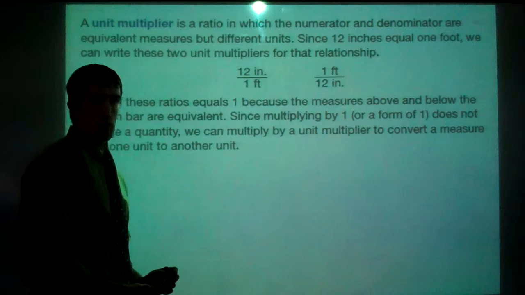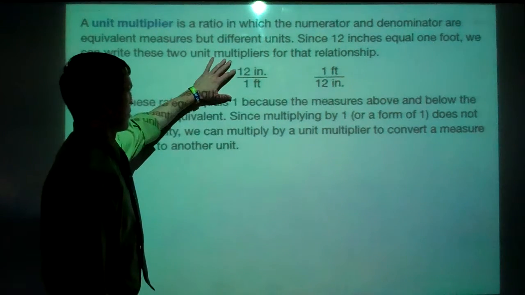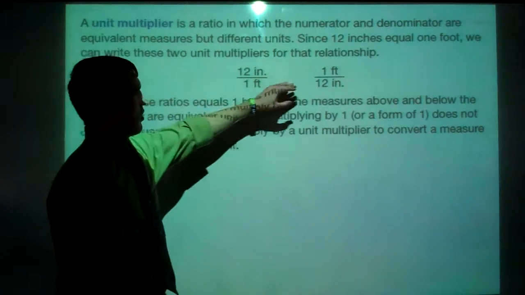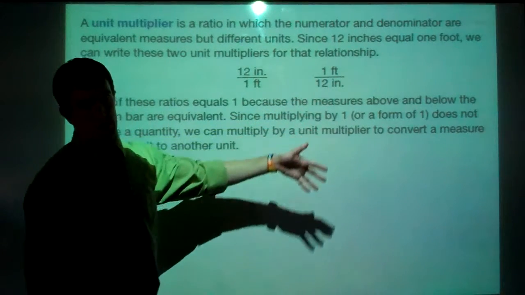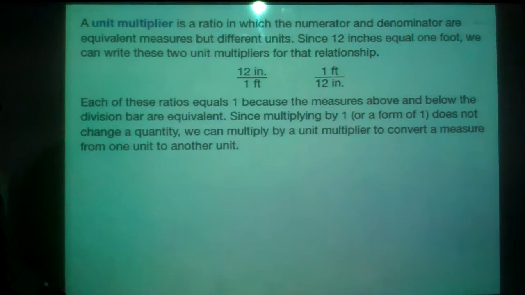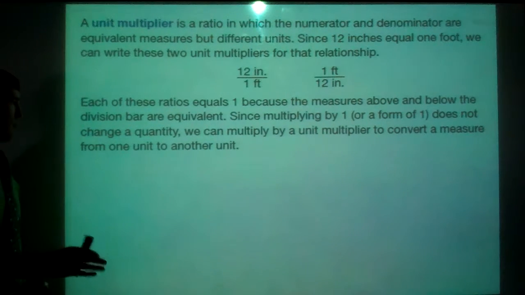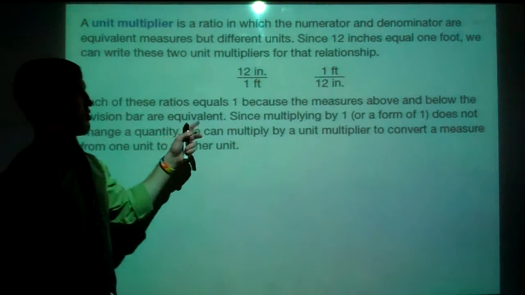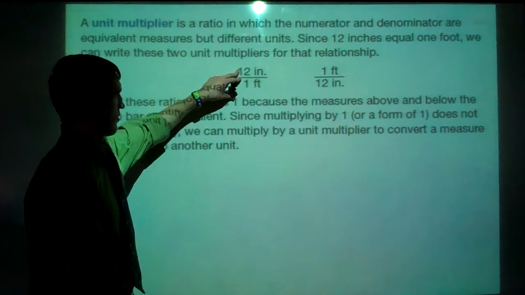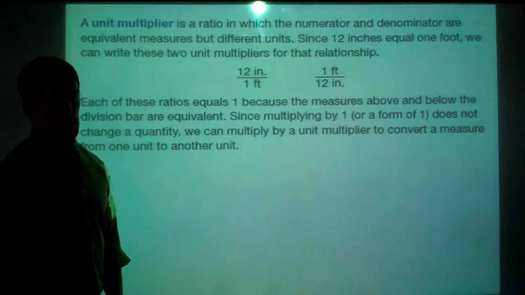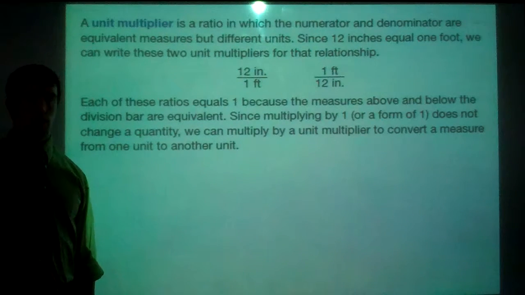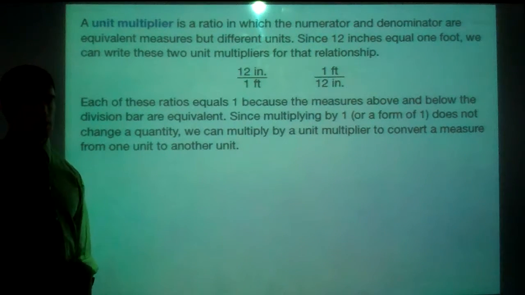And we can write two unit multipliers with that, 12 inches over 1 foot, or 1 foot over 12 inches, doesn't matter. The thing is that each of these ratios equals 1, because the measures above and below the division bar are equivalent. So we know that 12 inches equals 1 foot, and when we have something over something that's the same, we get 1.